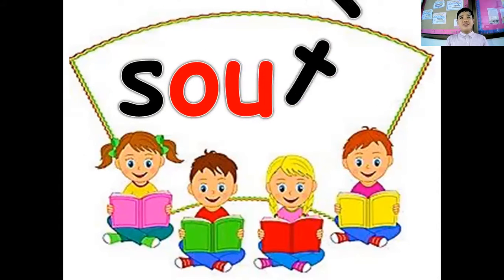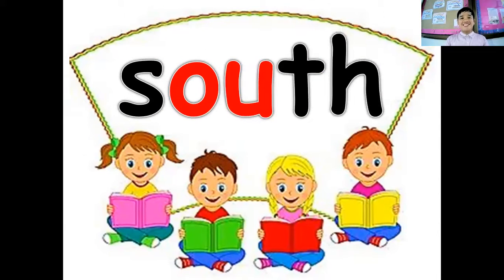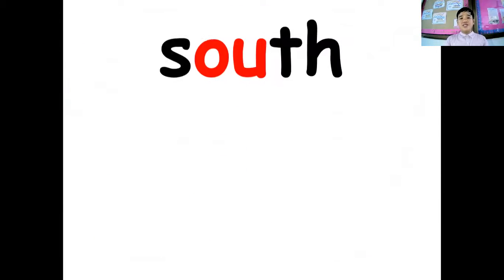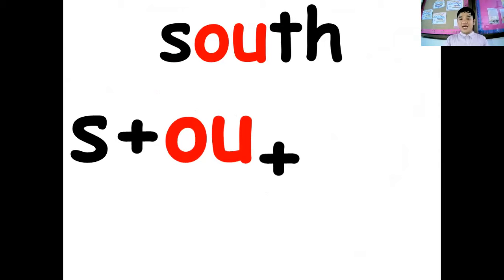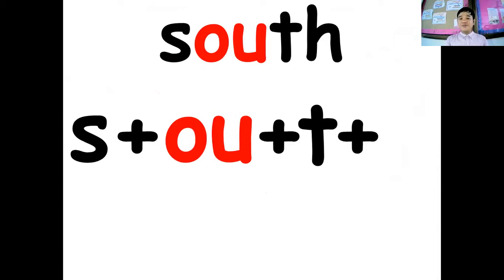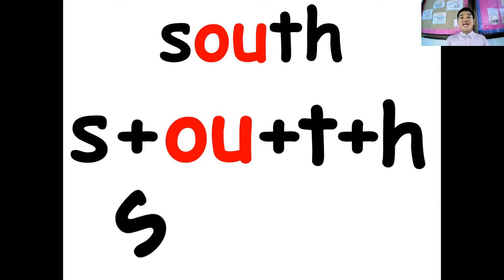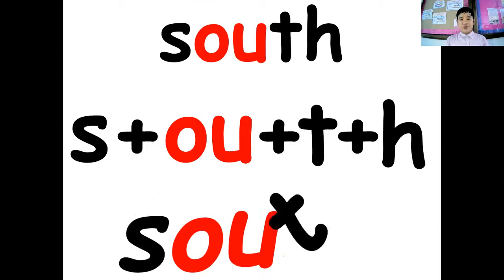Now, another one. The word is south. All right. Let us read the word one by one. S plus ow plus th. So if we read the word s, ow, th, equals south.